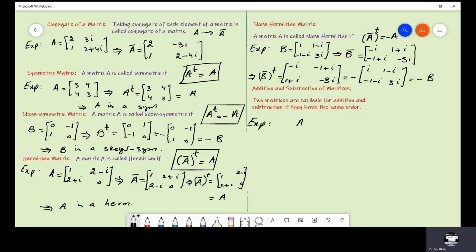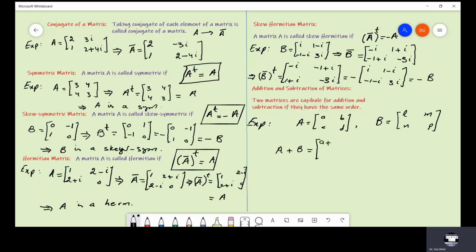In this example, I have a matrix A, B, C, D. Now I have another matrix B, which is L, M, N, P. Now to add A and B, we must add the corresponding elements.